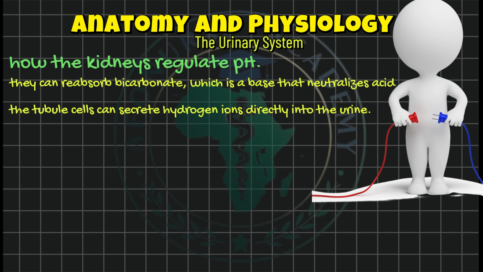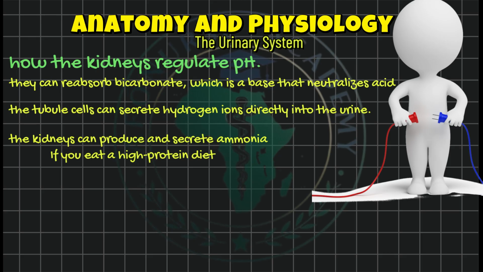This removes excess acid from the blood. And third, the kidneys can produce and secrete ammonia, which binds to hydrogen ions in the urine, helping to eliminate acid while conserving bicarbonate.